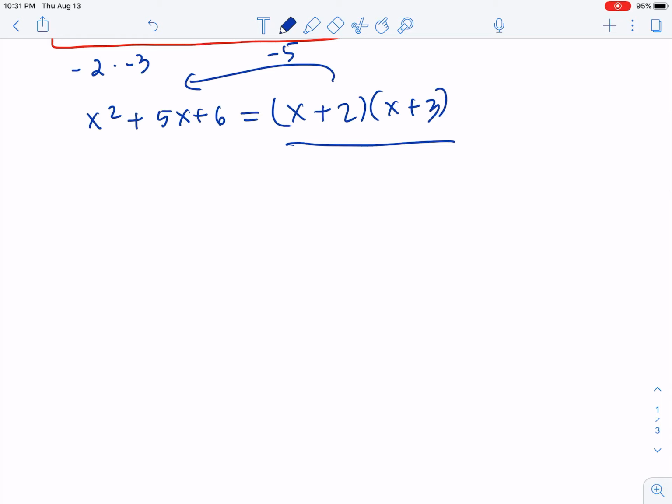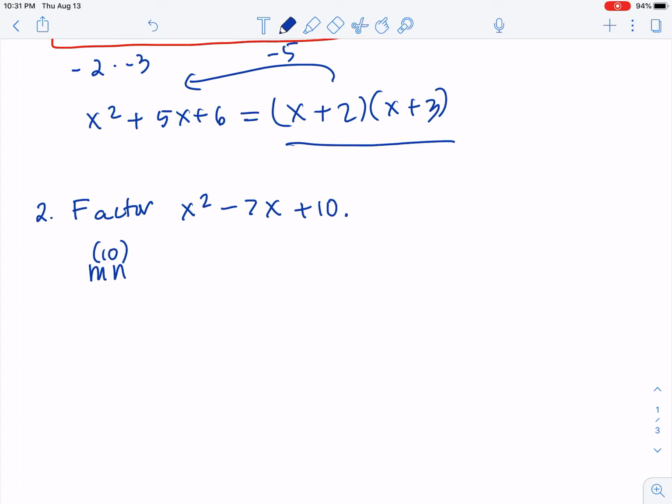Let's have another example. We factor x squared minus 7x plus 10. So, ibig sabihin, ano ang product natin? Ang product natin ay 10, di ba?